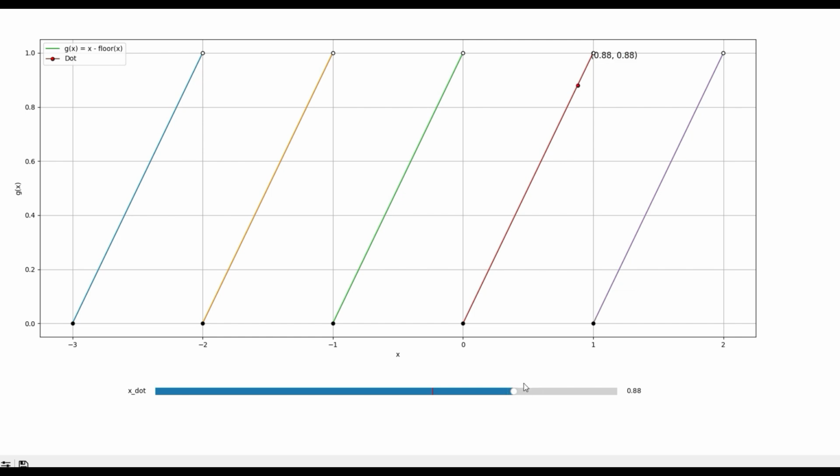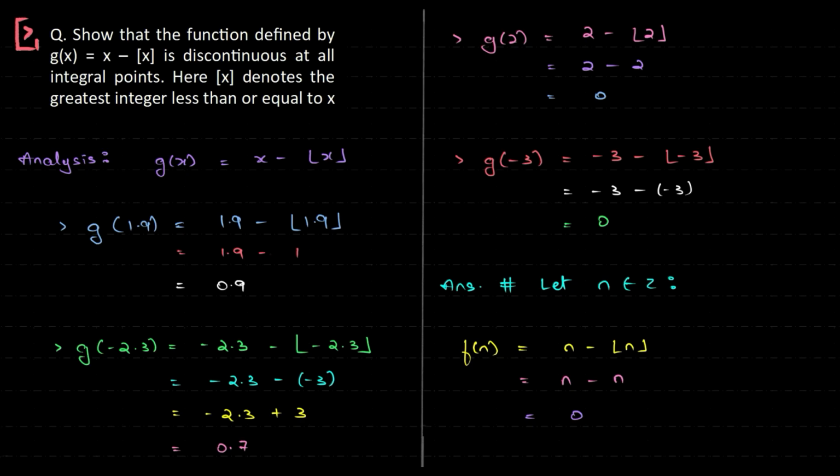While on the left hand side, as I approach 1, my answer is something else altogether. It's not 0, my output is 0.98. Similarly at 0, the output is 0, while approaching from the left hand side my output is 0.96. Clearly approaching from the left hand side tells us that it is discontinuous.